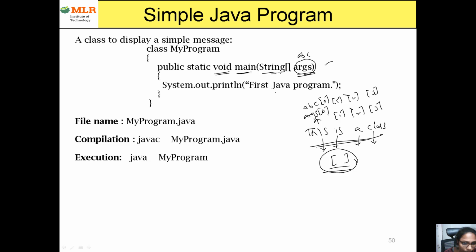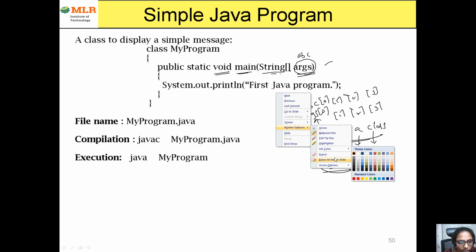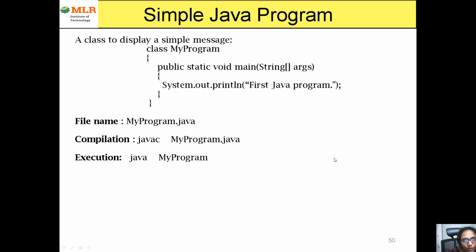And now to display a message in C, we use the printf function. But here we are using a method called println. This println method is available in the PrintStream class. This is another topic actually, but we access this println method using a class called System class, which is available in the lang package. So System.out is a reference here.